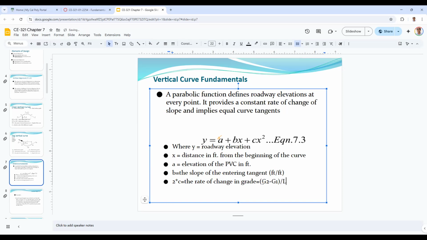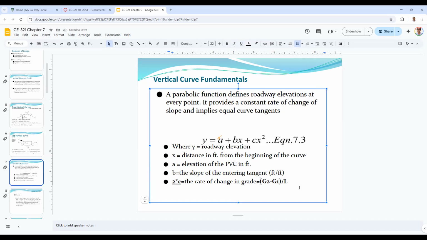If you do G2 minus G1 over L, what you will see is that that's also a rate of change in grade, because you're finding it on an aggregate level, but it's constant. So it's 2 times C. So you can use this formula: 2 times C equal to G2 minus G1 over L.